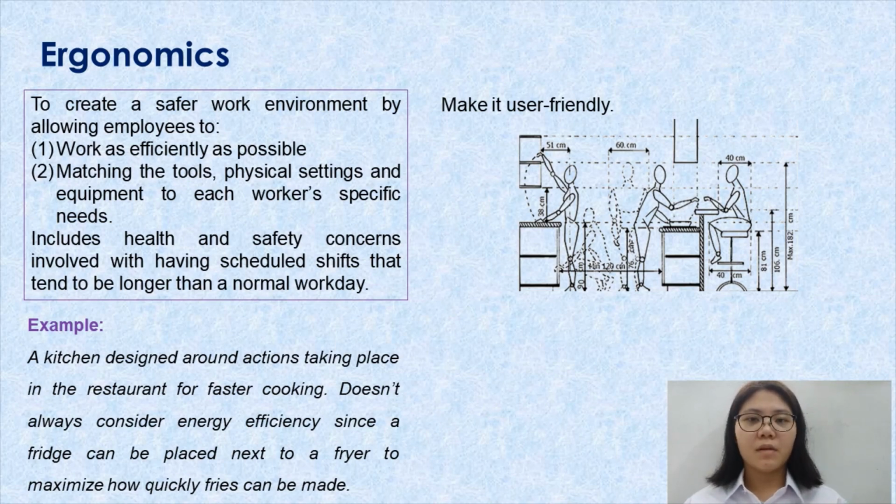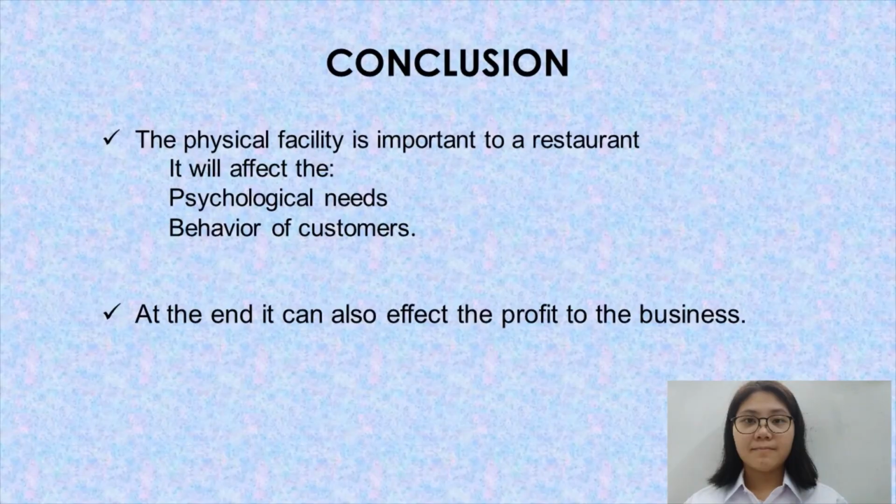So, for example, a kitchen designed around actions taking place in the restaurant for faster cooking doesn't always consider energy efficiency, since a fridge can be placed next to the fryer to maximize how quickly the fries can be made. And then the most important thing is to make it user-friendly.